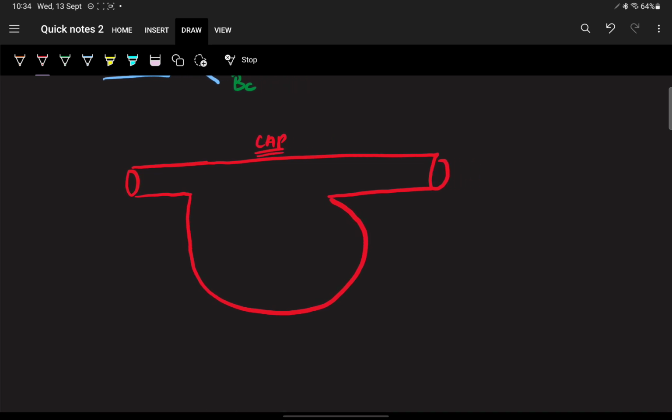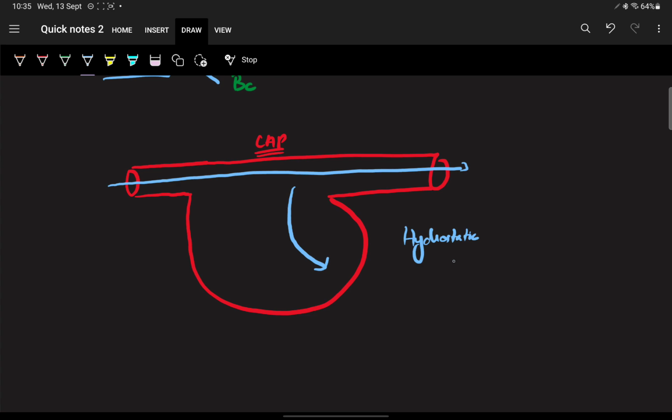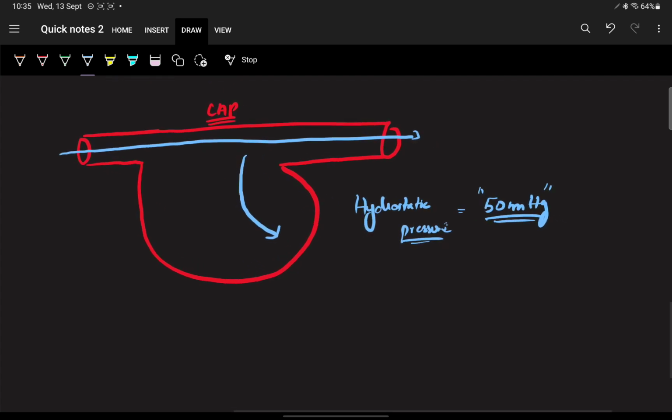Whenever the plasma is flowing from these arterioles, this plasma is getting pushed into the Bowman's capsule, and that plasma needs some pressure in order to escape from the capillaries. That pressure is called your hydrostatic pressure. Hydrostatic pressure is the pressure required for plasma to escape from the capillaries into the Bowman's capsule, and it is 50 mmHg.